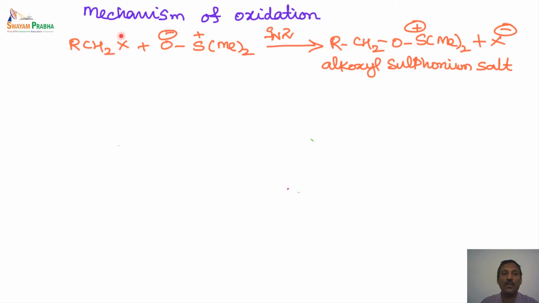So basically here it is not an alkyl halide, here it is a leaving group, the one which we had seen, the sulfonate or the trifluoroacetate esters of the corresponding alcohol is the one which is given. So X here is a leaving group. And after the SN2 type attack, we get this alkoxysulfonium salt formed, and it is not the halide, the leaving group is lost as an anion.